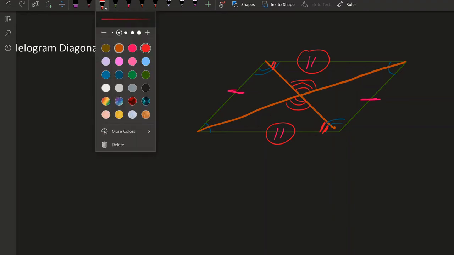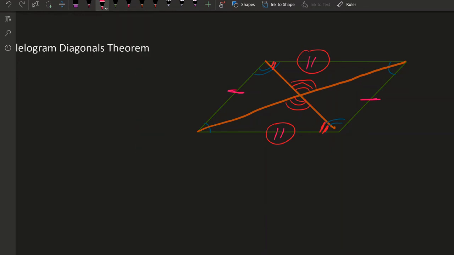So that means that using CPCTC, this side would have to be congruent to this side, and this side would be congruent to this side. Now what we see here is where the diagonals intersect, I have congruent pieces on both sides, which means I'm going to draw this picture on its own.